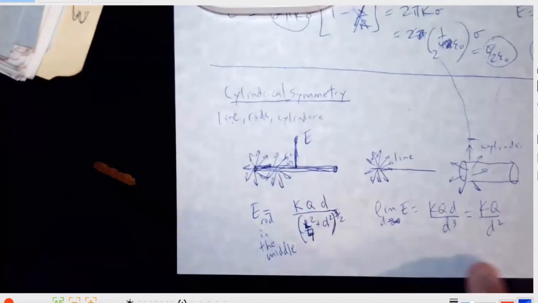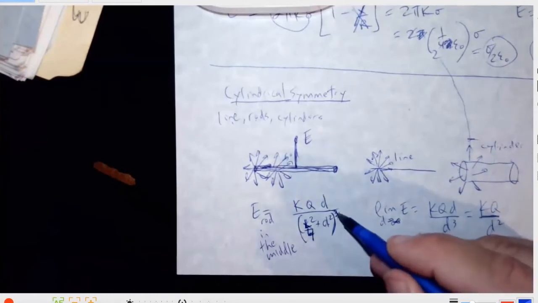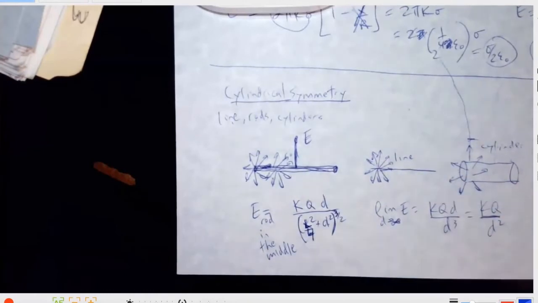So that means this was 3/2. We could plot this to find out. I'm just going to plot it without the kq, with just some number for the length.